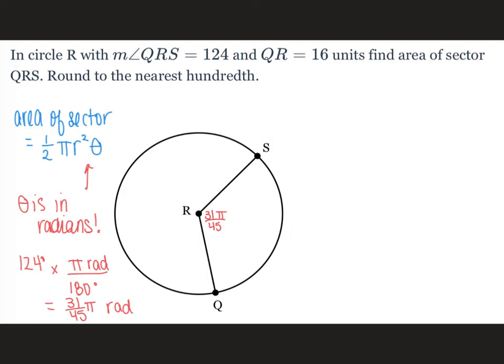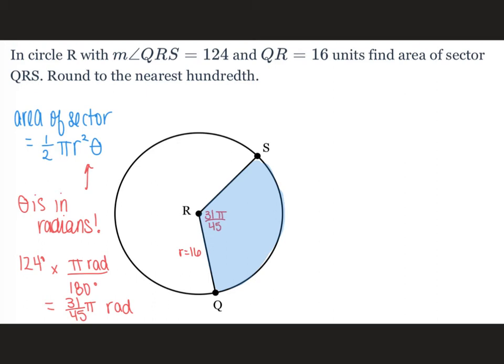So we can say that r equals 16. We're trying to find the area of the sector that you can see over on the right hand side here, but I'll highlight it in. So we're trying to find this area of a sector, this big piece of the pie. All right, so we now have this in radians, we're good to go.